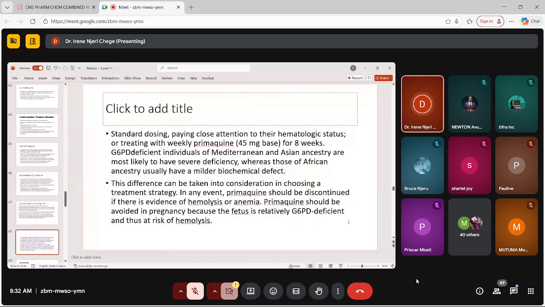So this statement is just saying that you can use this drug, but you only stop 1 week after leaving the area, compared with 4 weeks for mefloquine and doxycycline, which lack tissue schizonticidal activity. I hope you're following. It is used to treat malaria, as well as for chemoprophylaxis. It can be combined with proguanil.